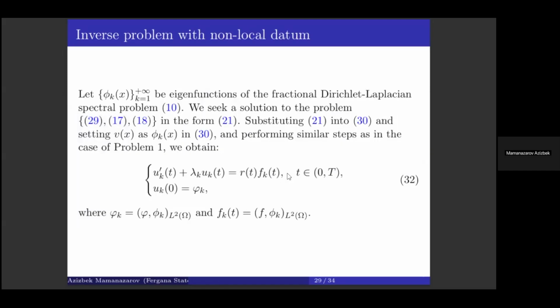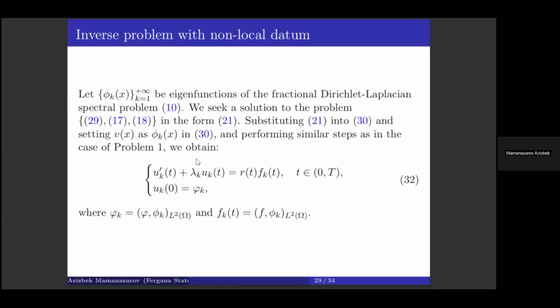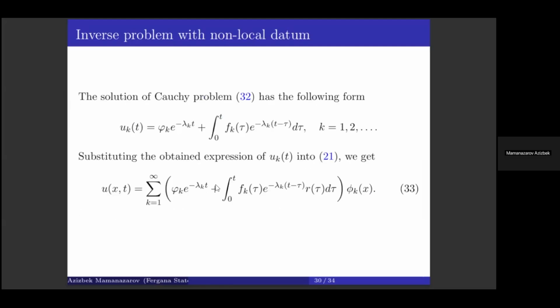And in this case, similarly, we will have the following form of initial condition for the Fourier coefficients of the unknown function, and solving this initial problem, we will have the following representation for u k of t, and substituting this representation into 21, we get the following formal form of the solution of our problem.